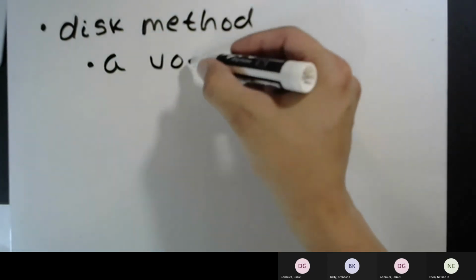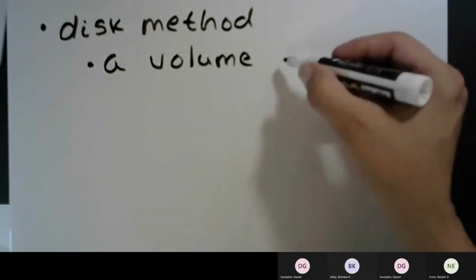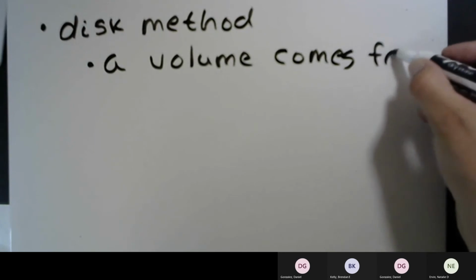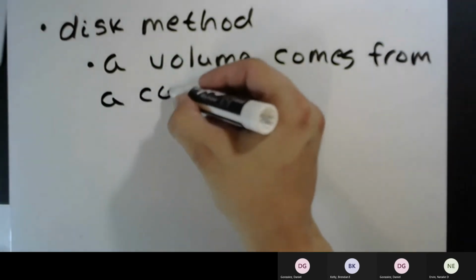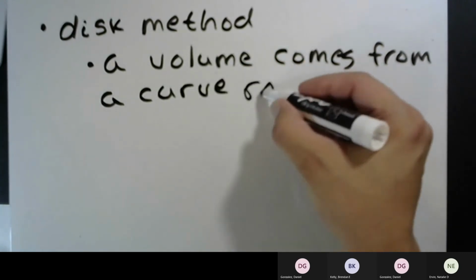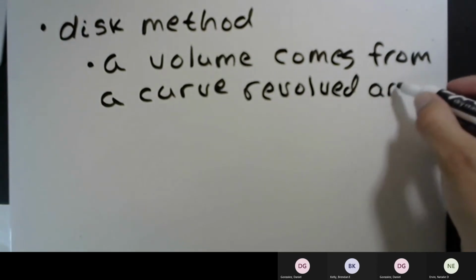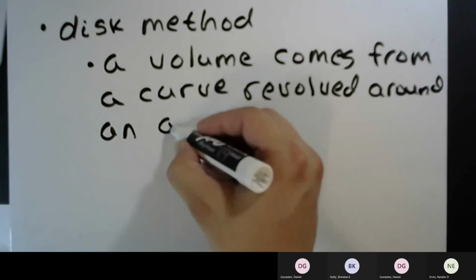It's a volume that comes from a curve revolved around an axis.